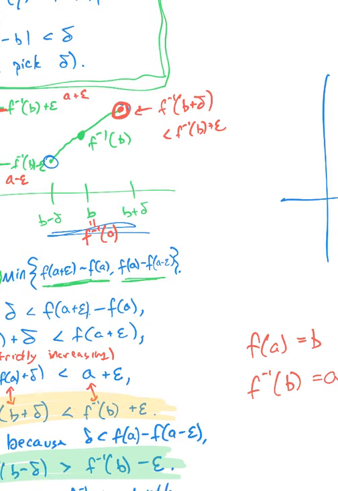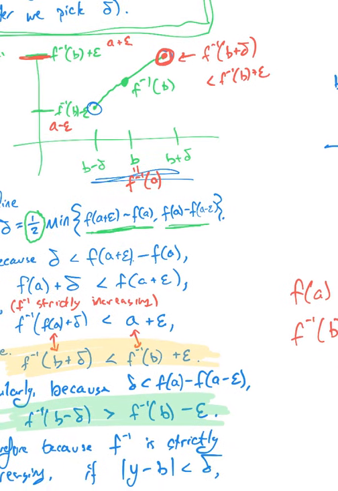Here's f, and here's a, and here's b. Okay, this is f, and that's f of a equals b. We're saying we want our images to be within epsilon. We want the images of the inverse to be within epsilon. So we're saying go look at a plus epsilon and a minus epsilon.